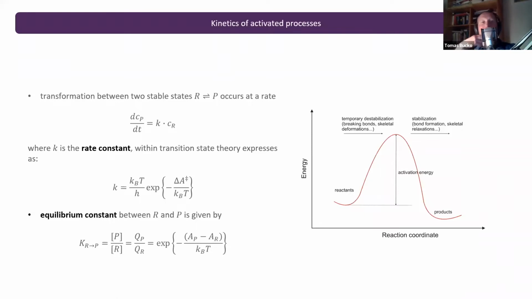Okay, so this is the theoretical part, kinetics of activated processes. Let us consider the simplest possible reaction ever, which is transformation of reactant to product.